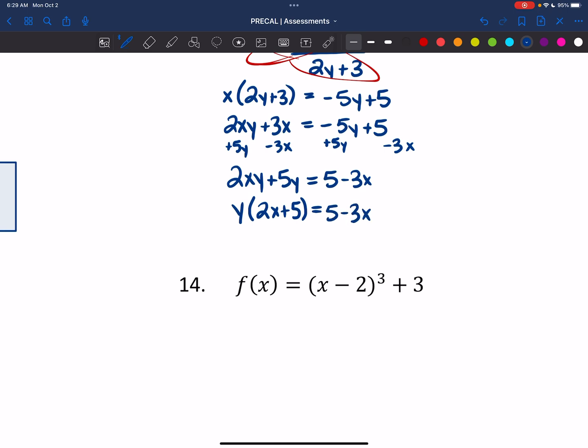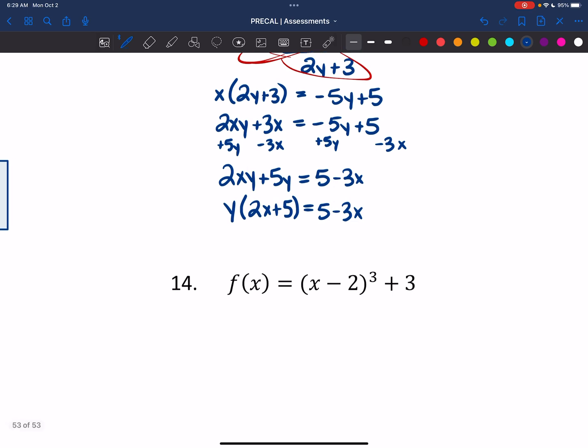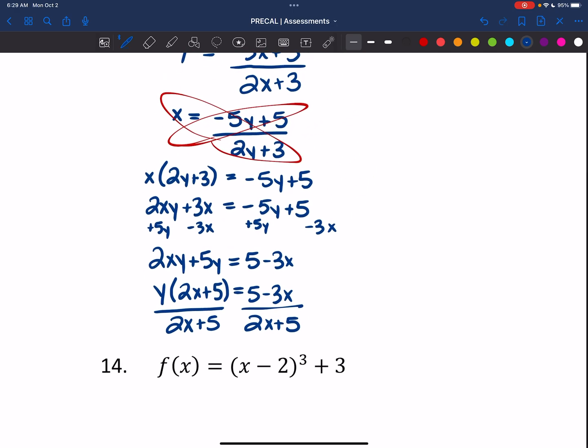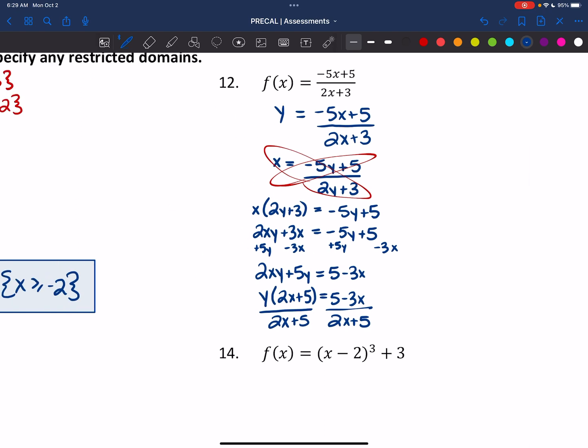And now I can get y by itself. It is presently multiplying with that binomial. So I will divide, which is the opposite operation. And that will leave the y isolated by itself. Let me zoom out here.